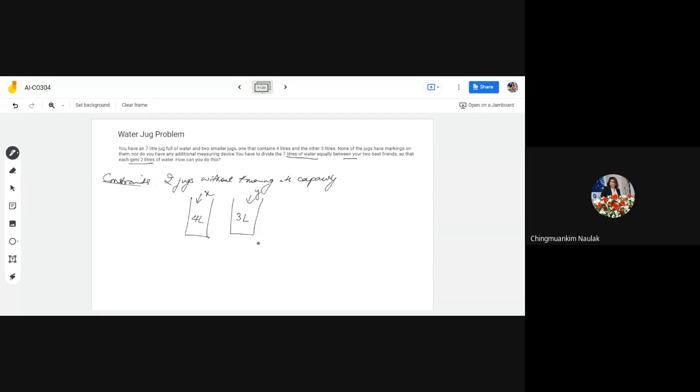If you are to solve it, you can do it like this. You have x and y as the capacity of the first jar and the second jar. Initially we'll empty the jars. Emptying means 0, 0, nothing is there. After that you fill the second jar. The actual capacity of the first jar is 4 liters and the second is 3 liters.